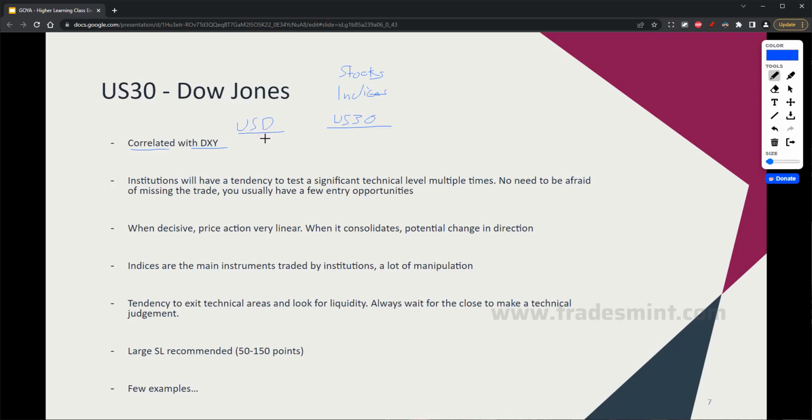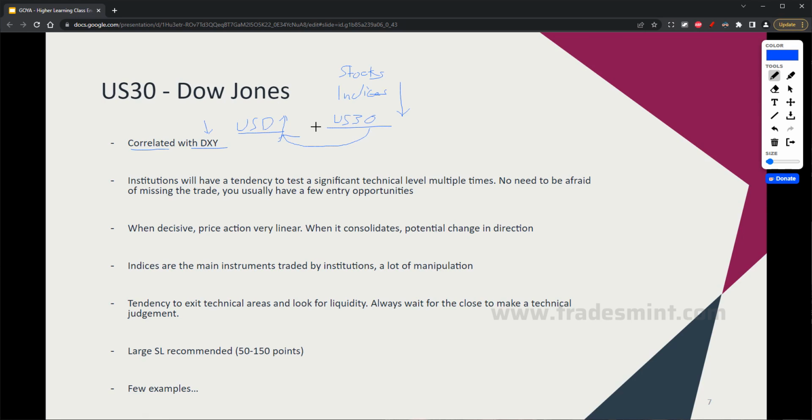Usually when the value of USD appreciates, just like when we talked about the DXY a few chapters ago, usually the value of stocks, indices, in this case US 30, will go down. Money will flow out of US 30 and go into the USD if it's getting bought on that day or during that week.